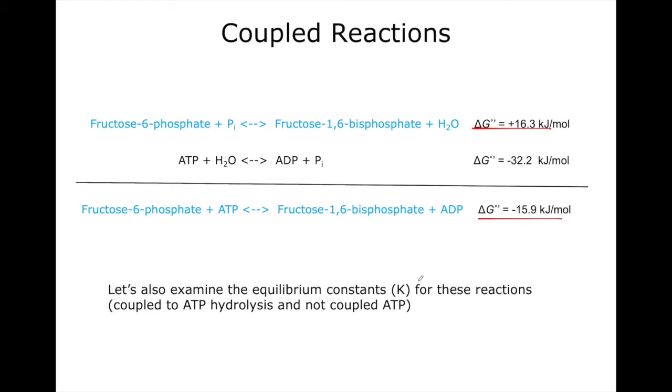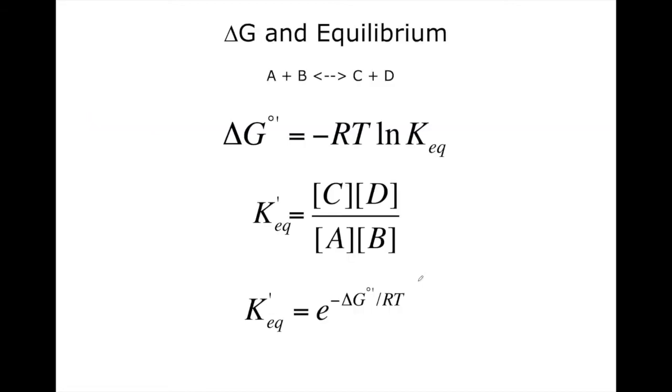If we remember our thermodynamics, for this reaction, where A and B are my reactants and C and D are my products, we can calculate the equilibrium constant from the delta G value under standard conditions. So the delta G standard and the equilibrium constant, where the equilibrium constant is the concentration of products over reactants, are related by this equation.